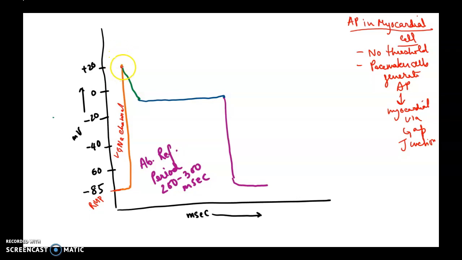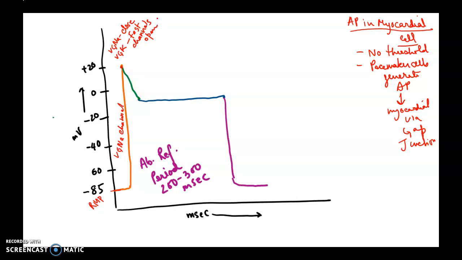At this point, at positive 20, the voltage-gated sodium channels close, and we have some voltage-gated potassium channels, and these are fast channels. They open.